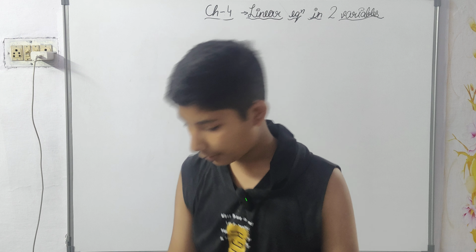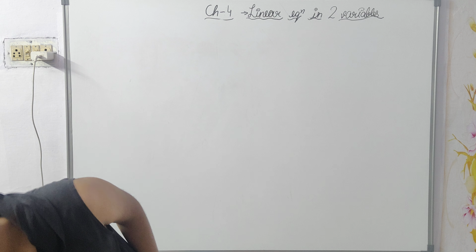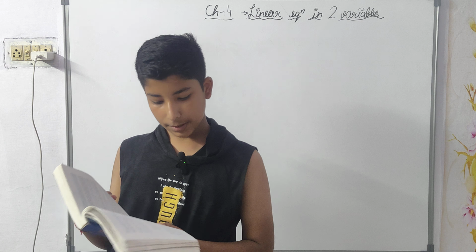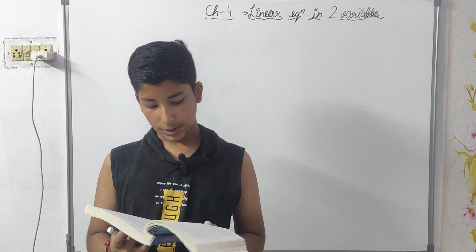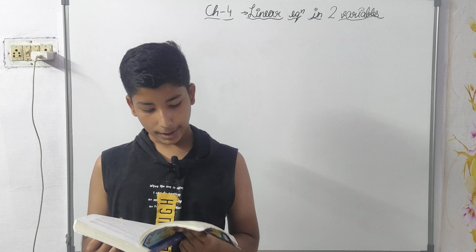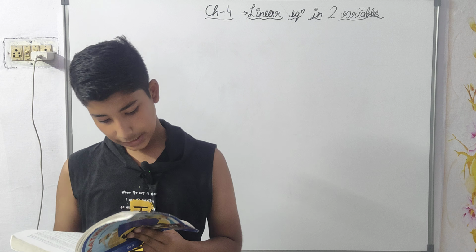I hope you are understanding this. Now the second one: express the following linear equations in the form of ax plus by plus c equals 0 and indicate the values of a, b, c in each case.